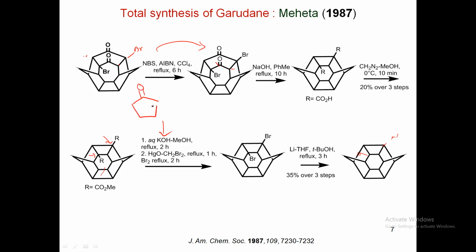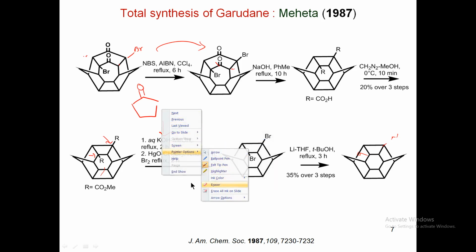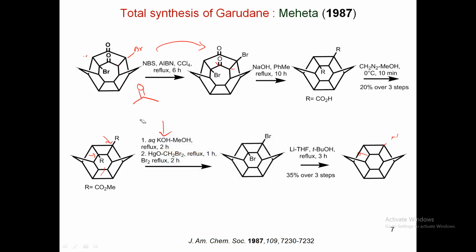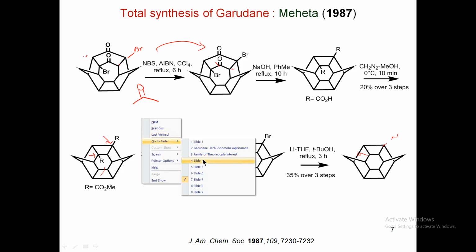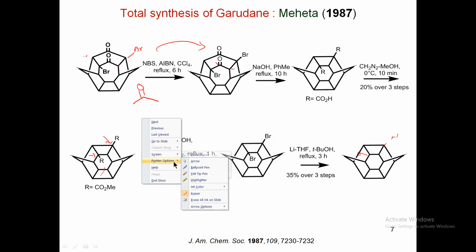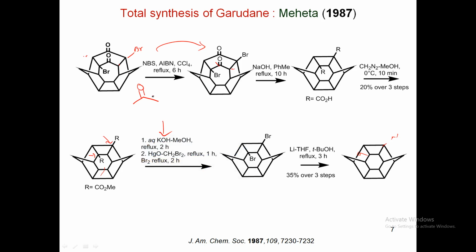Let's say this 7-member ring. So here one side we have two.